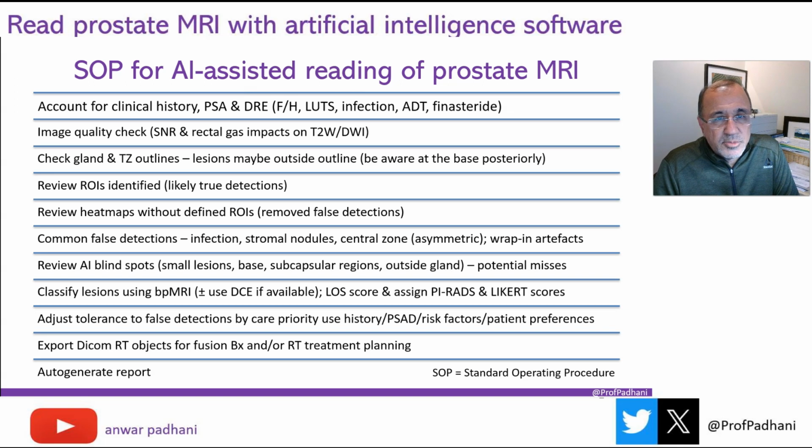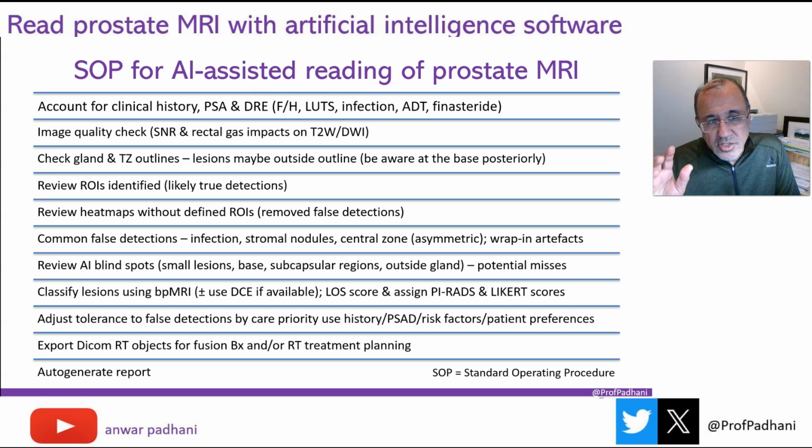We clearly need to be careful about the outlines because lesions on the outside of the outline may not in fact be seen, and this can happen at the apex, but more often I've seen this at the base.